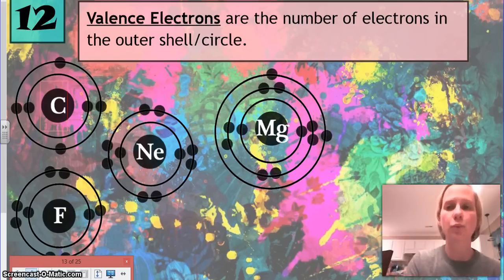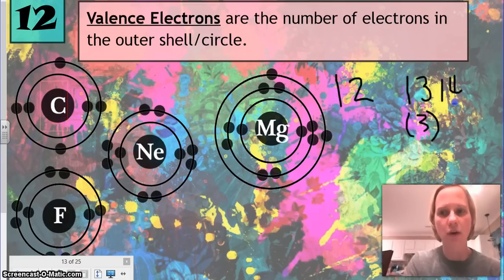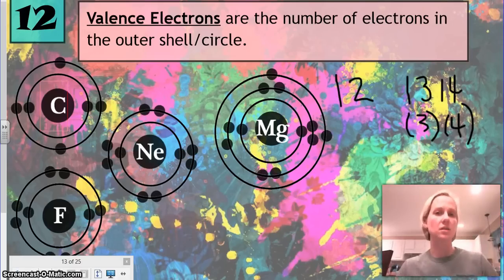So when we renumbered them, we went 1 and 2, we skipped all the transitions. 13 actually became 3, so 14 became 4, and so on. So we went 1 through 8, okay? And that's the number. Whatever group they're in tells us how many.